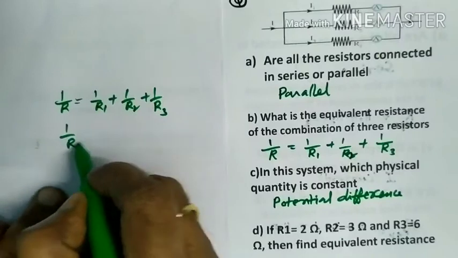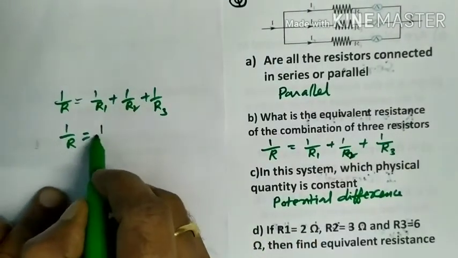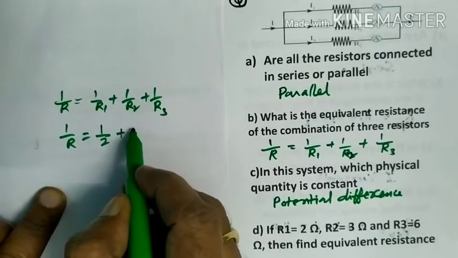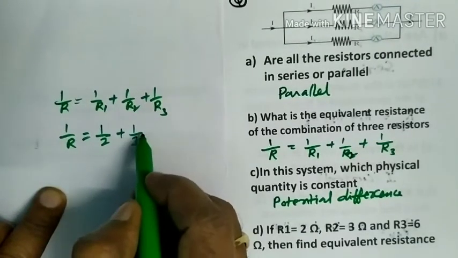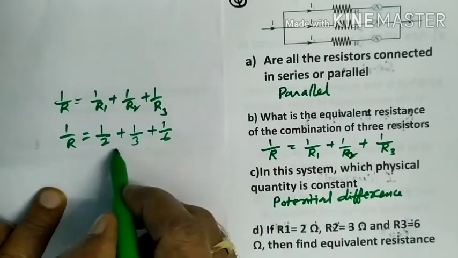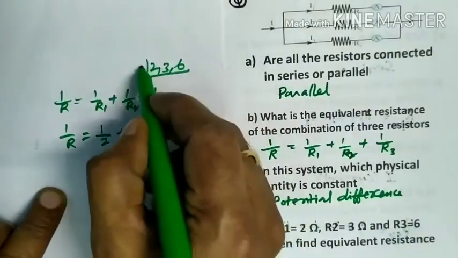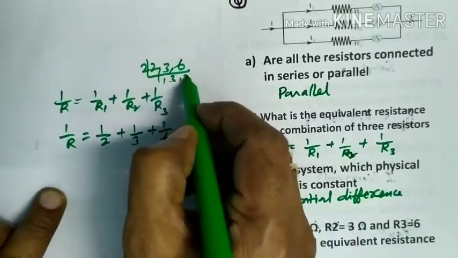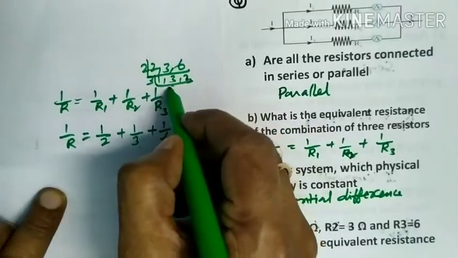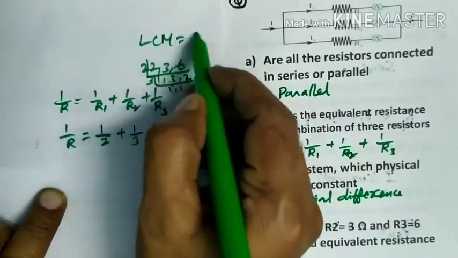R1 is 2, so 1 by 2, plus 1 by R2, R2 value is 3, similarly R3 is 6, so 1 by 6. Find the LCM for 2, 3 and 6. LCM equal to 6.